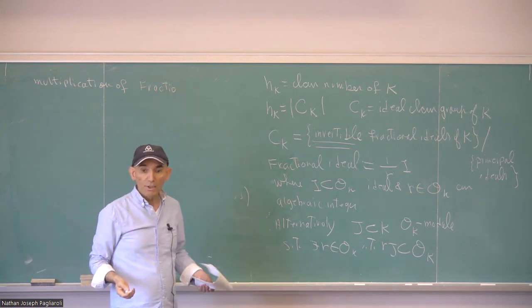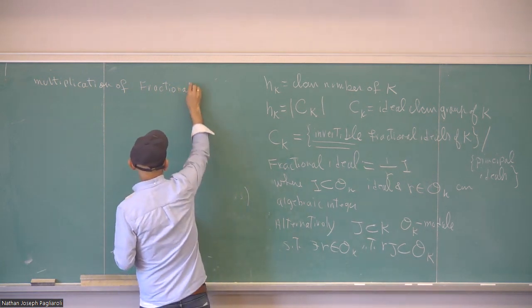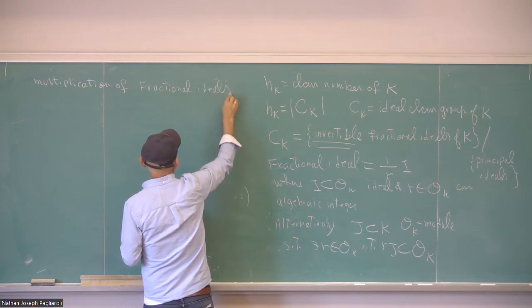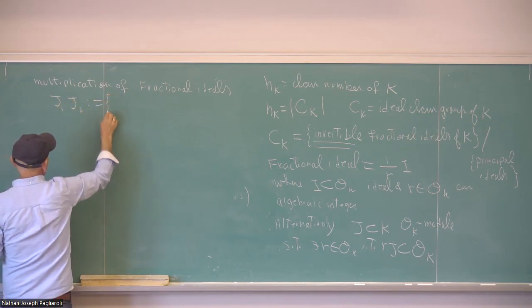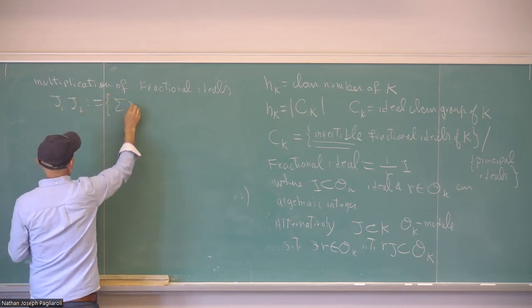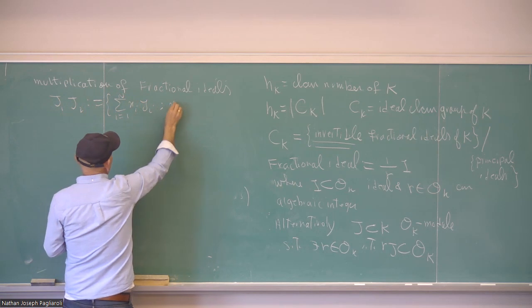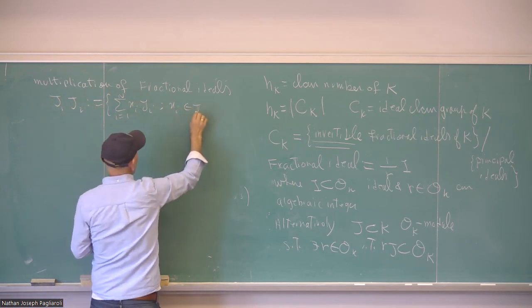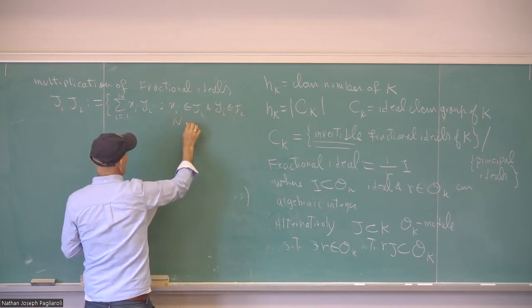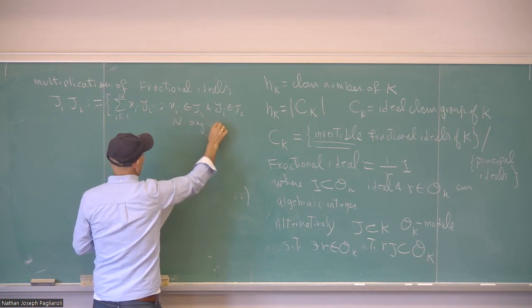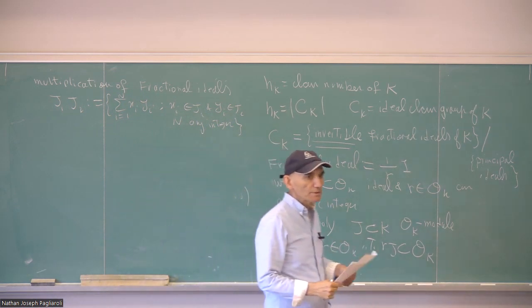You know how to multiply ideals, but you use the same definition to multiply fractional ideals also. So J1 J2, by definition, is the set of all sums of x_i y_i, where x_i belongs to J1, and y_i belongs to J2, and n is arbitrary, any integer. So this is a product.